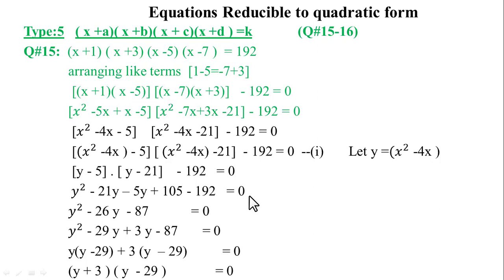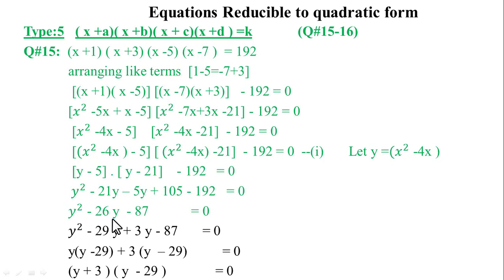Then after this we can solve the equation. Here 105 and 192, the answer is minus 87. So we have y square minus 26y minus 87 is equal to 0.